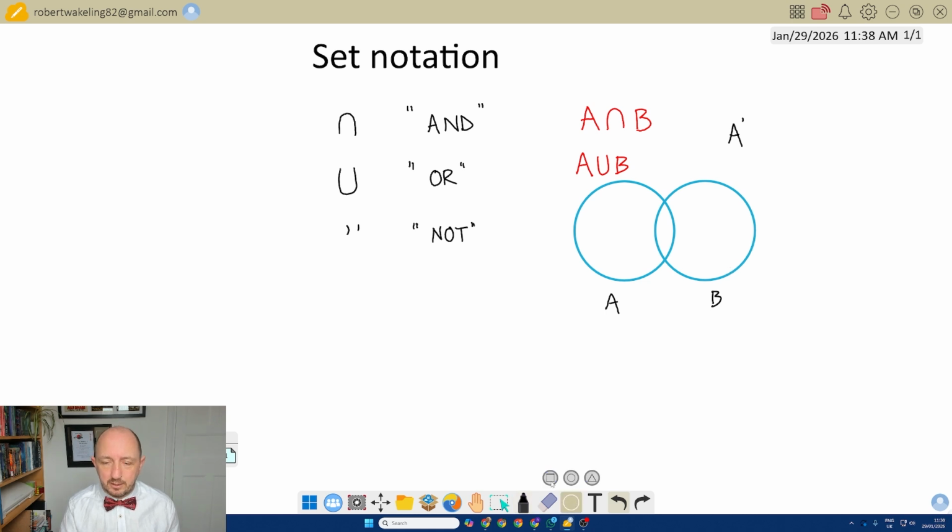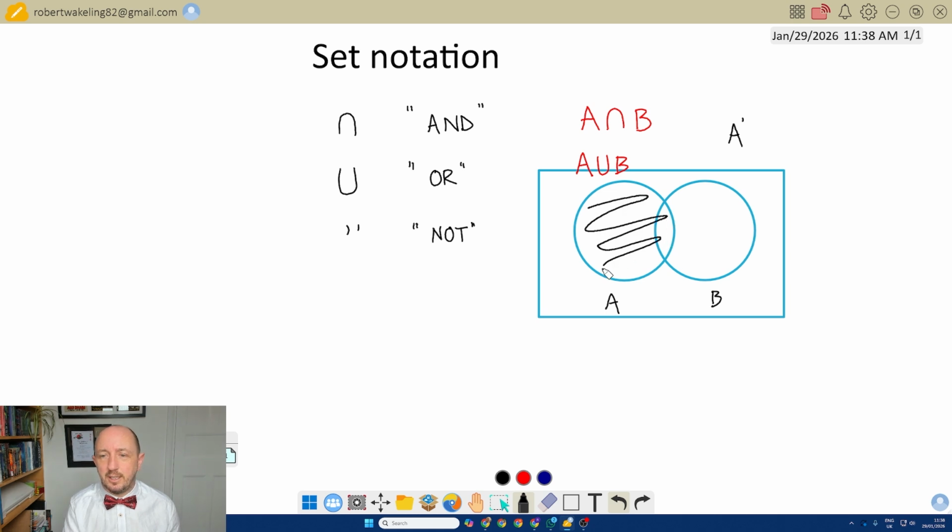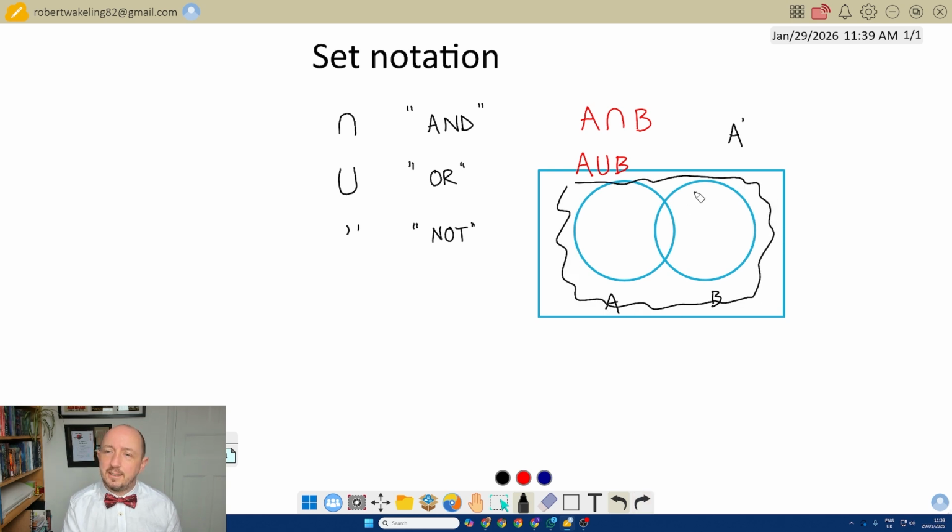So for this, we might include the outside of this, and we want everything that is not in A. So if you did shade A and it was this, not A is the opposite. So it's everything on the outside of the circle and the bit in B that isn't on the overlap. So the "not" one is a bit strange, but once you've done a few of these, you can get used to this notation and where in the Venn diagram we're actually interested in.